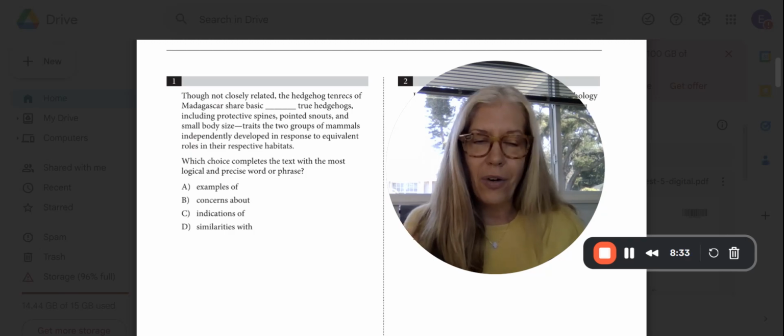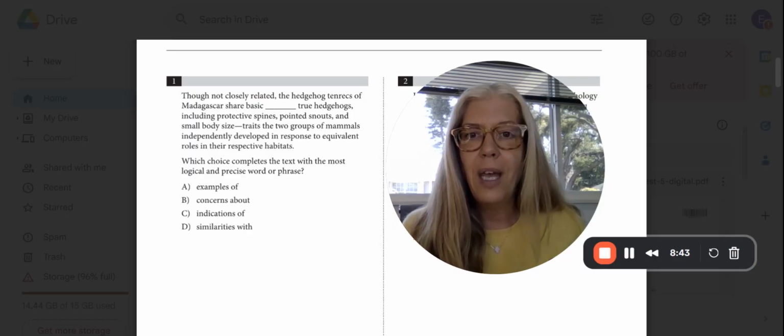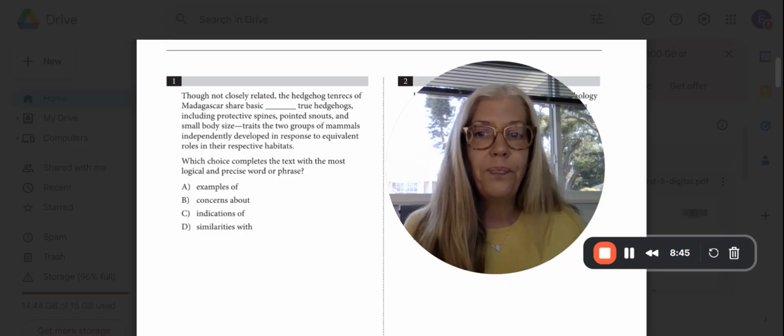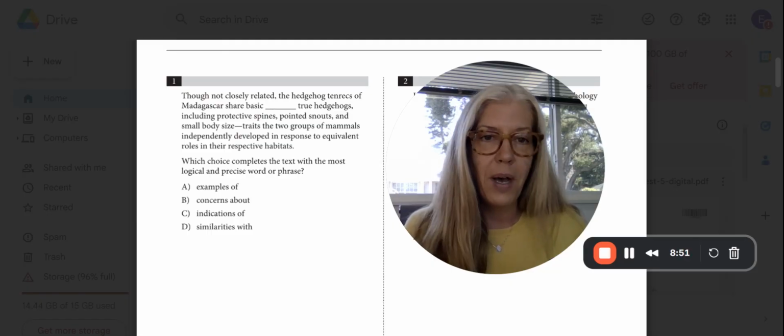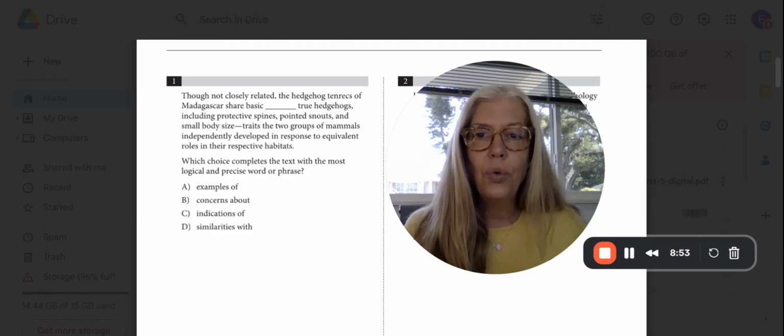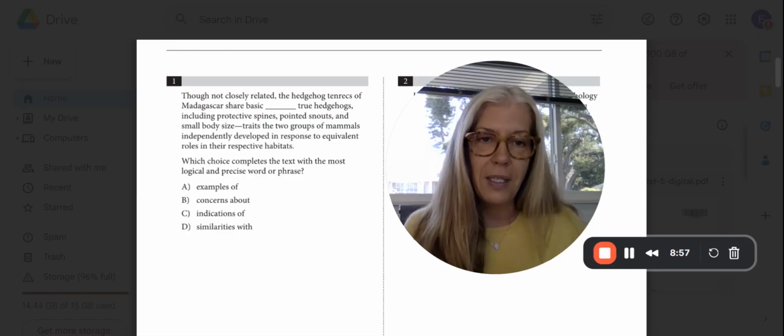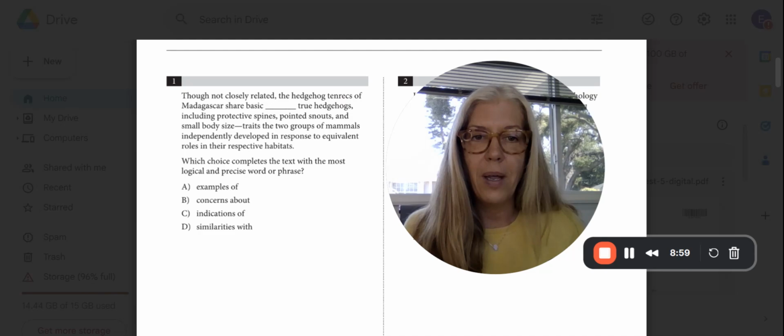Or D, similarities with. That is a true synonym of traits. So similarities would go up there, and then I'll test it. Though not closely related, the hedgehog tenrecs of Madagascar share basic similarities with true hedgehogs, including protective spines, pointed snouts, and small body size, traits the two groups of mammals independently developed in response to equivalent roles in their respective habitats. Similarities is the best one.